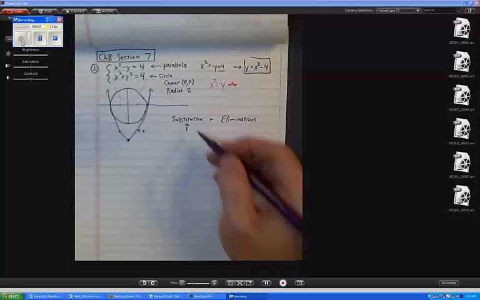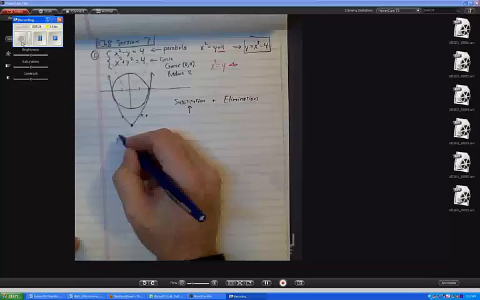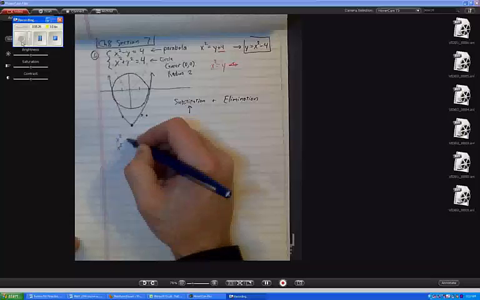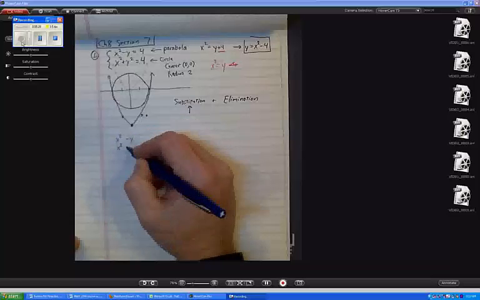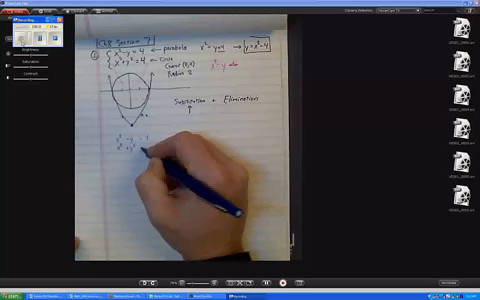And I'll be honest with you, as I'm looking at this one, I would right away think, oh, I may want to do some elimination. Because what do you notice about that system of equations? Yeah, you have x squared, you have x squared. You have negative y, you have plus y squared, equals 4, equals 4.